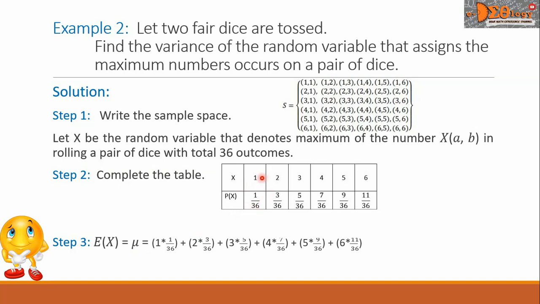So we have 1 times 1 over 36 plus 2 times 3 over 36 plus 3 times 5 over 36 plus 4 times 7 over 36 plus 5 times 9 over 36 plus 6 times 11 over 36.